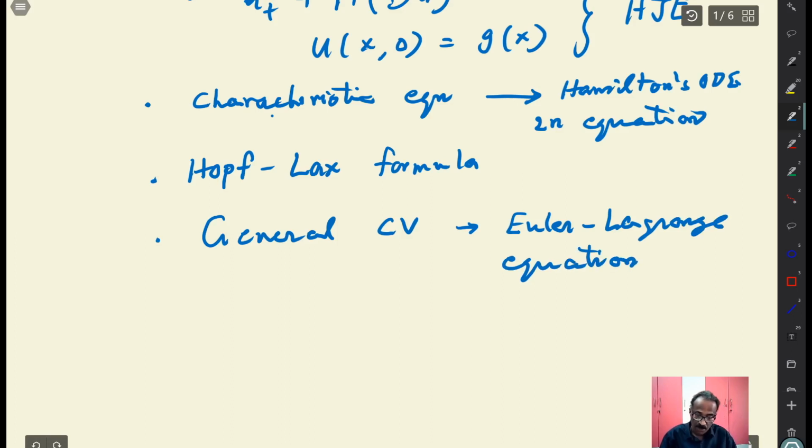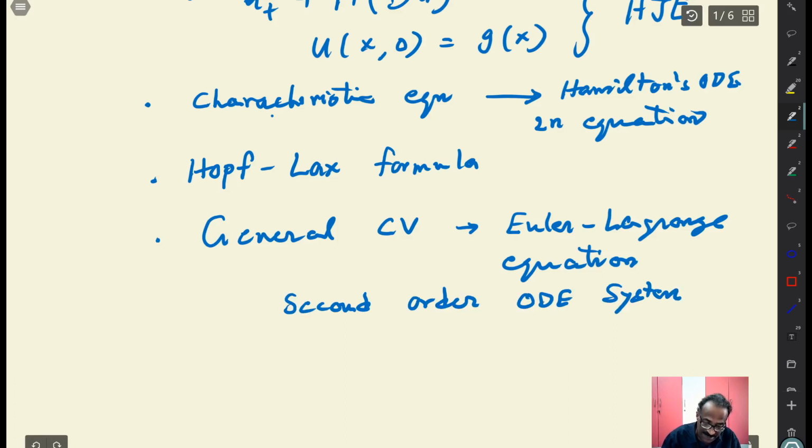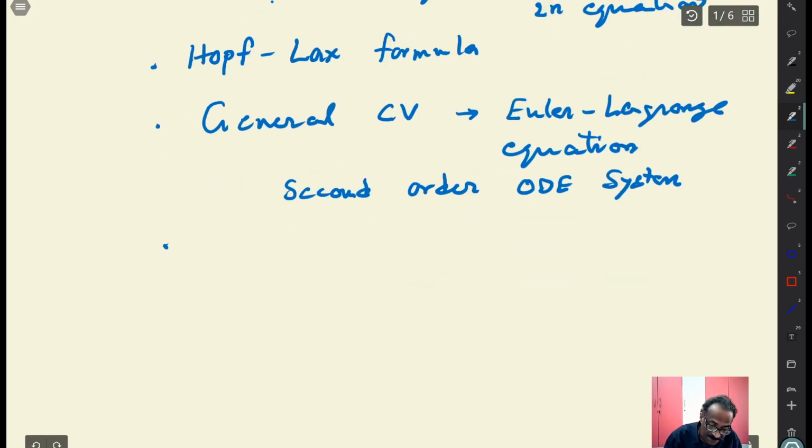So the optimal solution satisfies a second order ODE system. And then we have seen many examples of a Lagrangian.